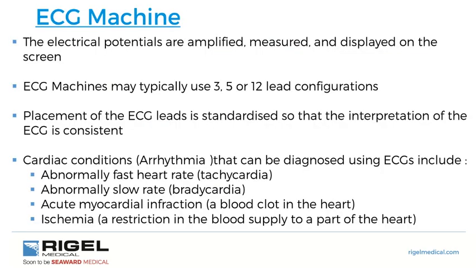So in an ECG machine, the electrical potentials are amplified, measured and displayed on the screen. Typically we can change between 3, 5 and 12 lead configurations. Placements of the ECG leads are standardized, so the interpretation of ECG is consistent.